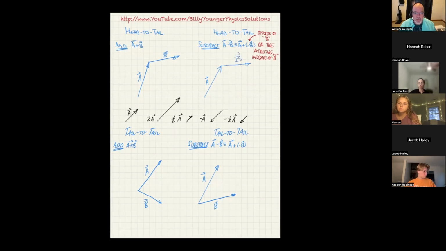And now we've got more people coming in. So first off, I wanted to talk to you about adding vectors when they're head to tail and then adding vectors when they're tail to tail. Remember our archetypal example of adding vectors was you walking out of your front door of your house or your apartment, going across your yard and stepping onto concrete or asphalt.